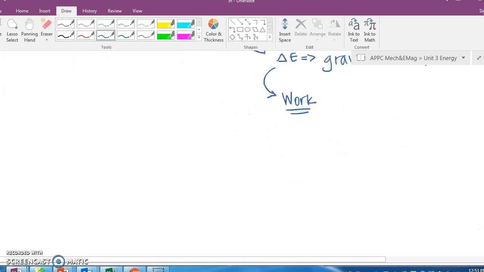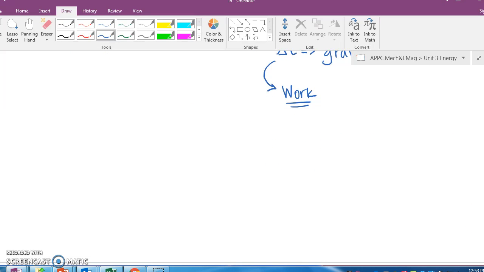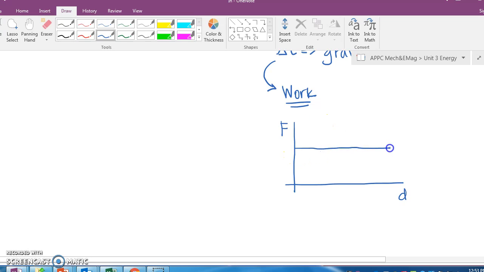Or maybe you go to a job and you call that, I'm going to work. And it used to be a little more like manual labor, and we actually physically did forces and stuff like that. But let's say that we have a force, and it is applied not over time, but over a distance. And let's say that force is nice and constant.